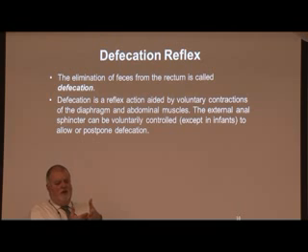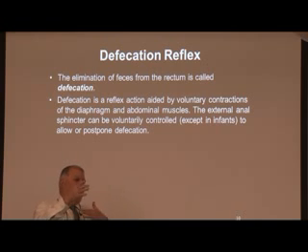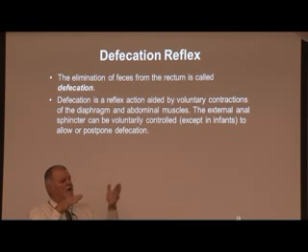The whole process is tied to adding new material to the top of the digestive system and vacating the lower part so there's room for the new material coming down. The one we talked about was the gastrocolic reflex, where distension of the stomach causes mass peristalsis to move the material from the transverse colon into the rectum.